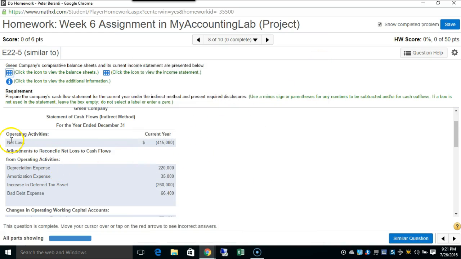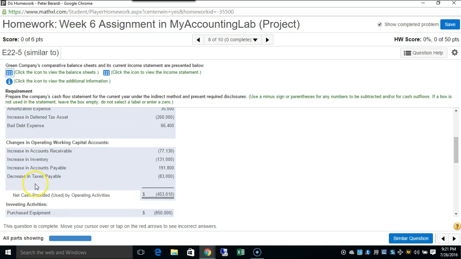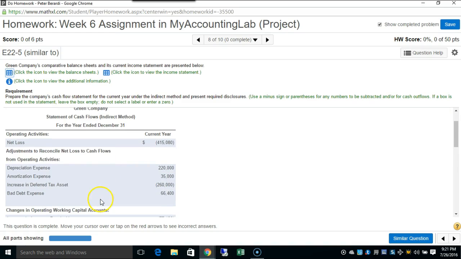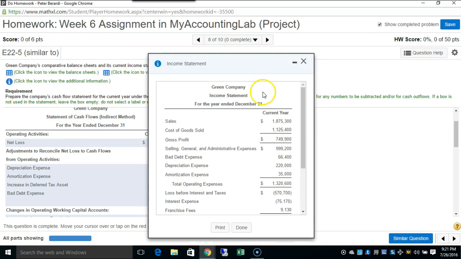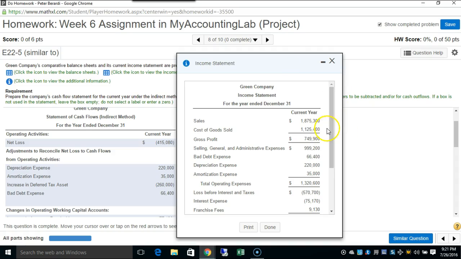So let's start with the operating cash flow section. Net cash provided by operating activities. Step 1, you start with your net loss, which is given to us here.